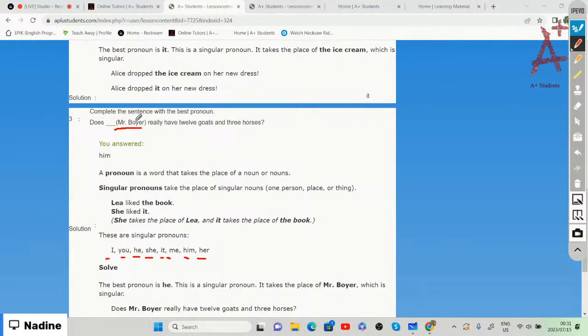All right, so if we select the correct pronoun to replace Mr. Boyer, we can say he, right? So we will ask the question, does he really have 12 goats and 3 horses? So instead of saying Mr. Boyer, we replace Mr. Boyer with he. And he replaces the words Mr. Boyer.